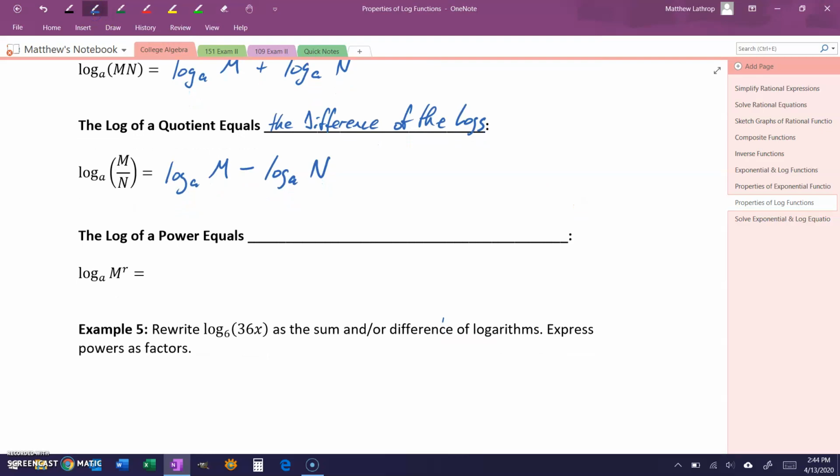We also have that the log of a power equals the product of the power and the log.